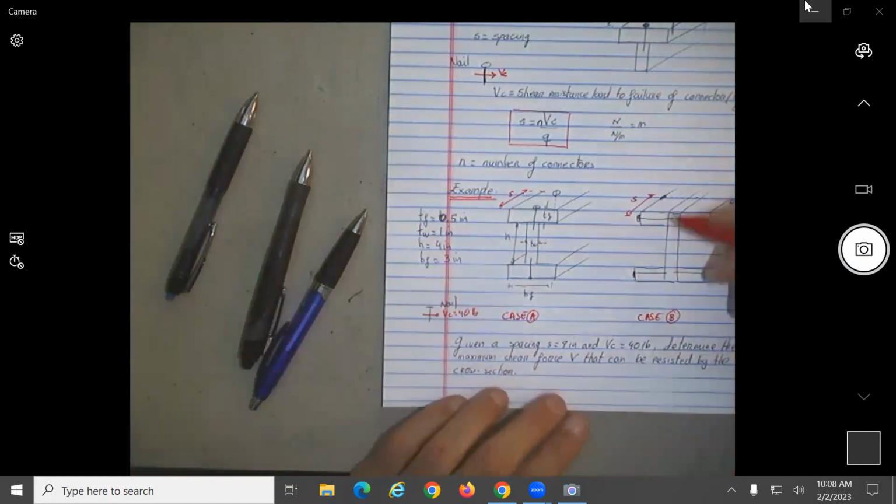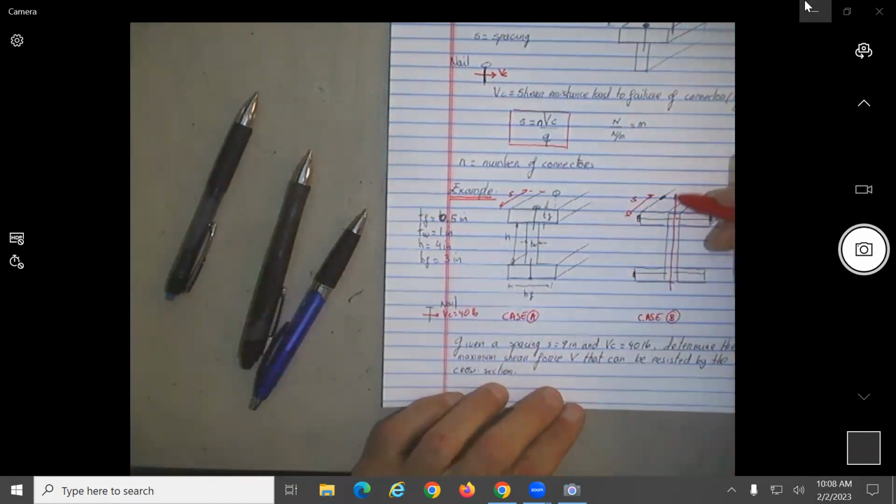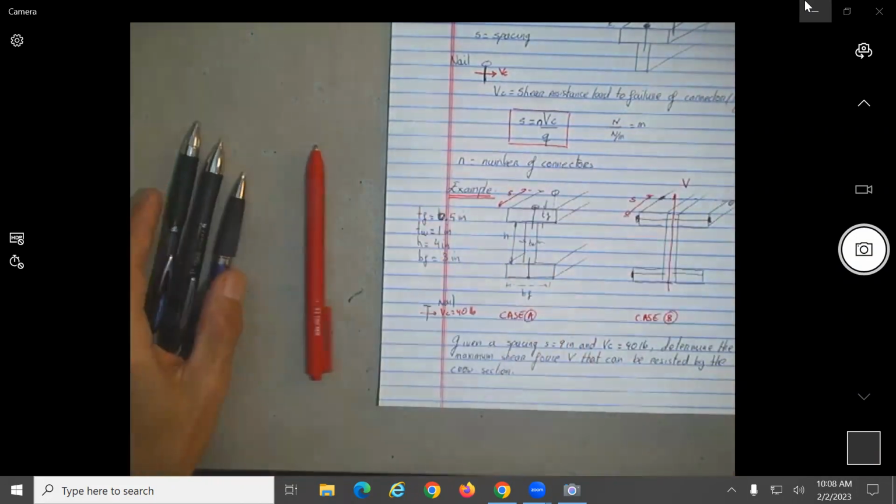I don't want to do too much, so let me just do it maybe in this one. Let's say V will be this force over here, the shear force.